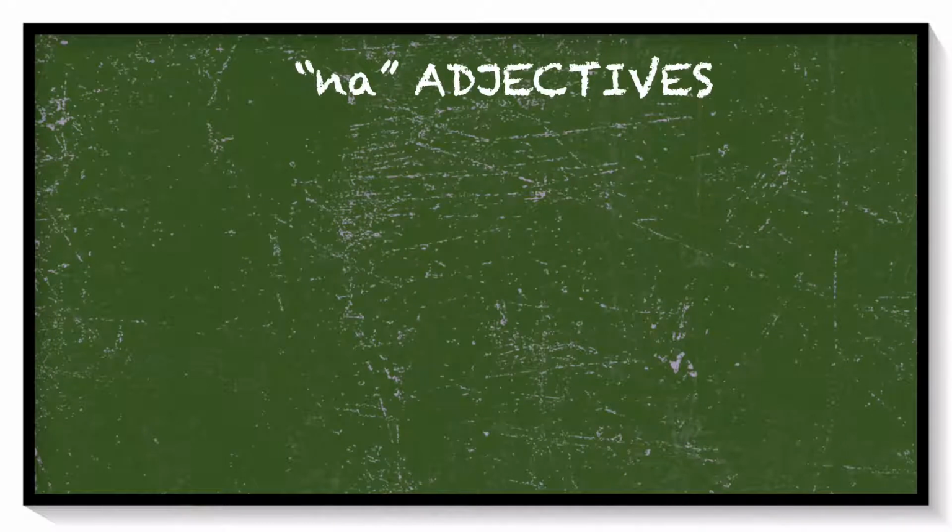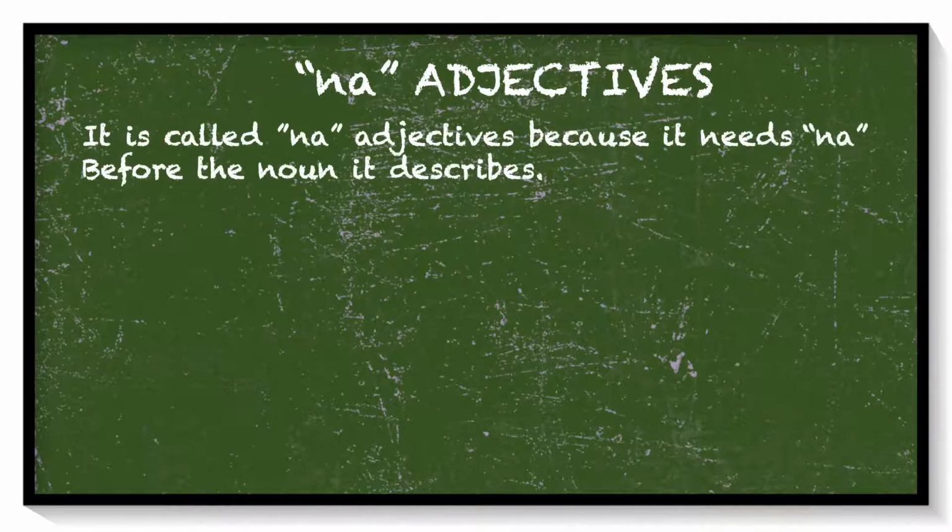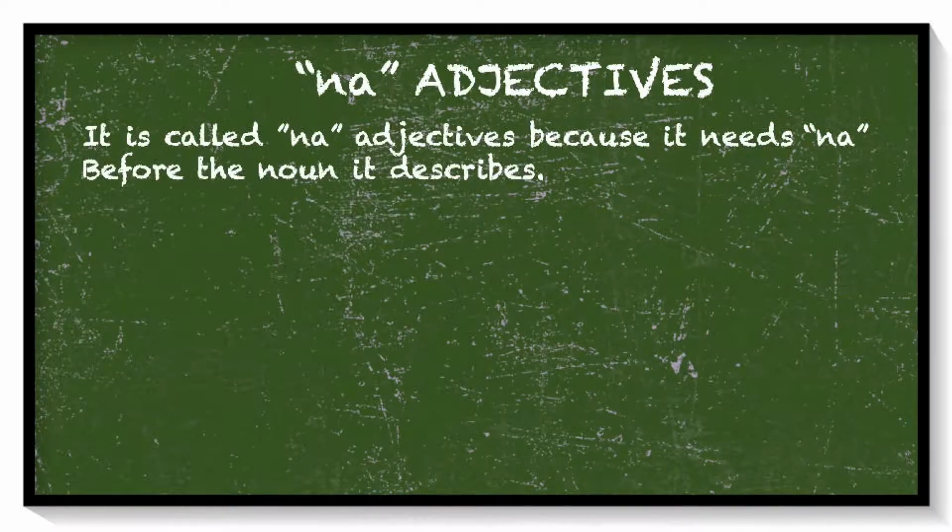Next are the na adjectives. It is called na adjectives because unlike i adjectives, it needs na before the noun it describes.